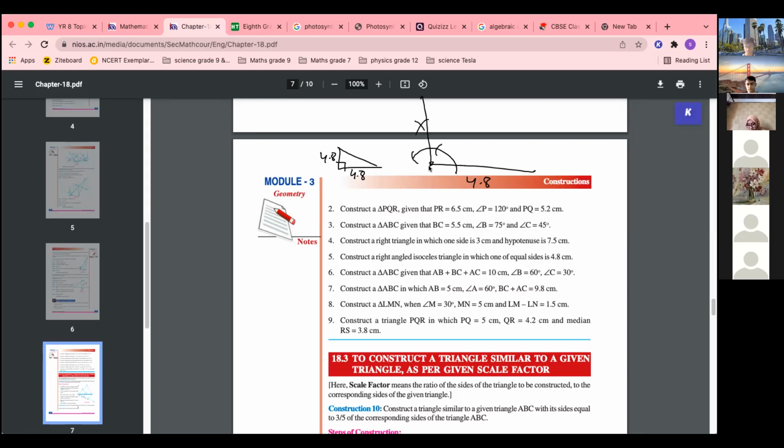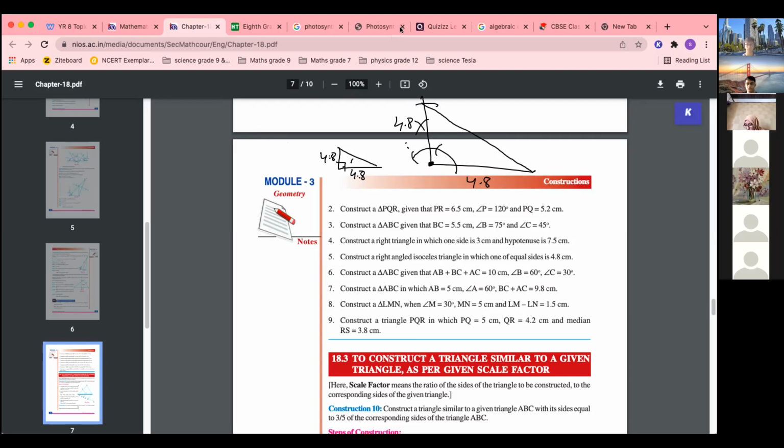And you will cut 4.8 from here, because this is the hypotenuse, right? So 4.8. That is why always in construction draw a rough diagram and then accordingly copy it with proper measurement. Okay.